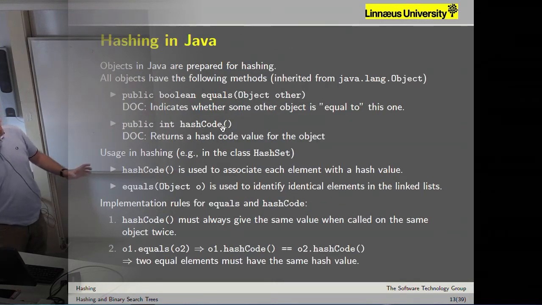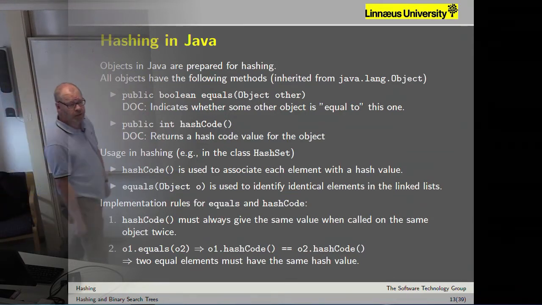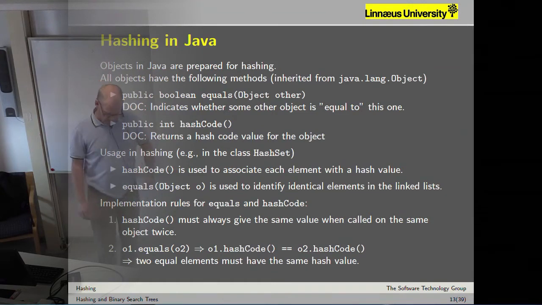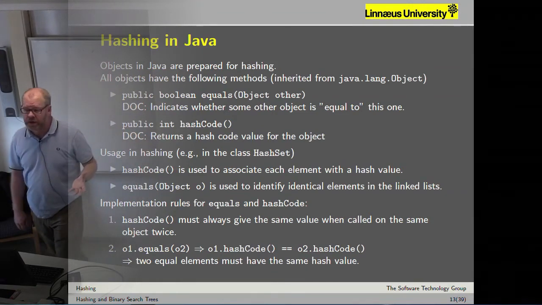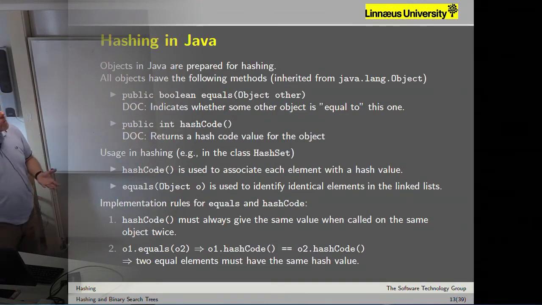This one is used to associate the input element with an integer. This one is used when we are traversing the linked list to see if they are equal. So if you want to have a student class that works with hashing, you must override these two methods to indicate when you consider two students to be identical.